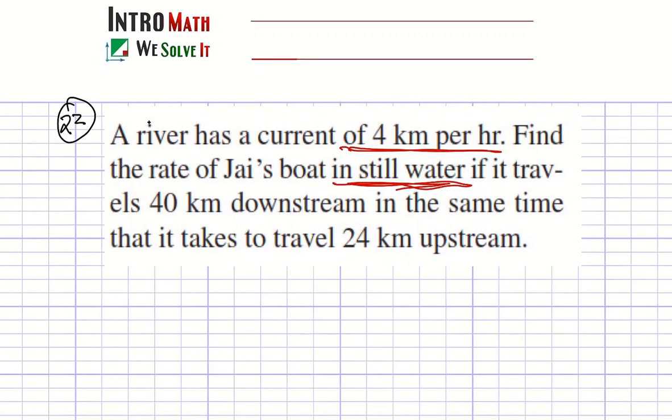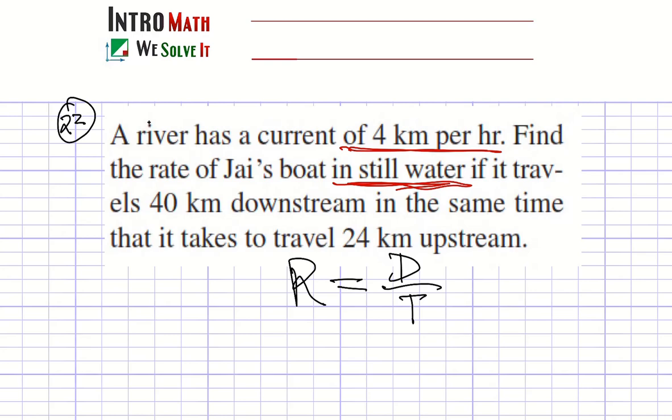And then remember that I told you this kind of problem has to do with rate. Okay, the general formula you need to remember is rate is equal to distance over time. That's all. So if you're looking for distance, you cross multiply.